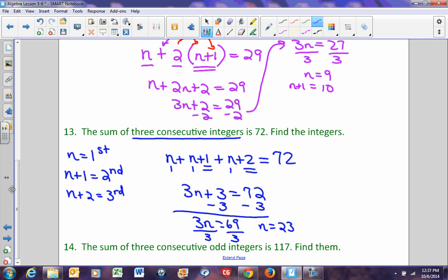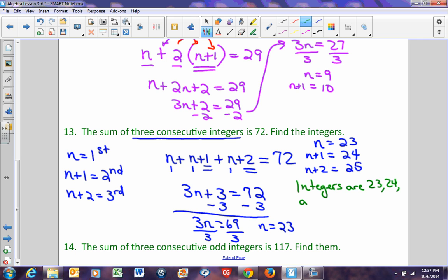So n equals 23, n plus 1 would equal 24, and n plus 2 would equal 25. So my integers are 23, 24, and 25. Always answer in a complete sentence.